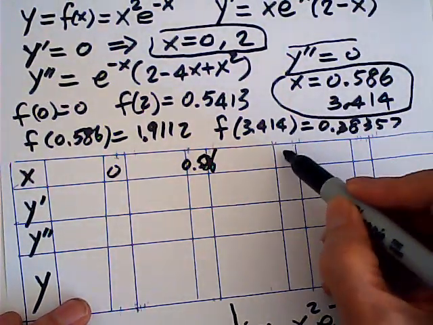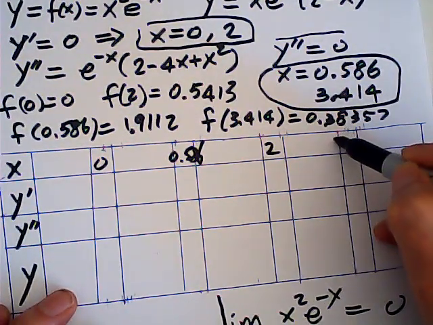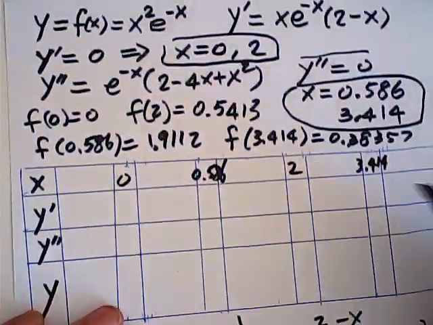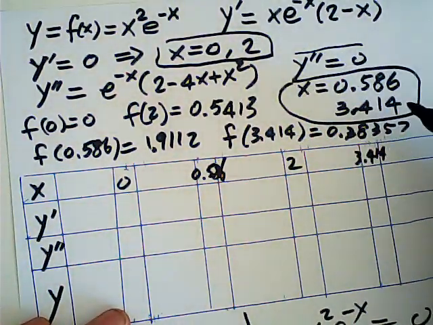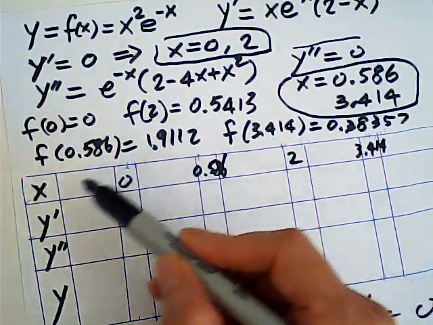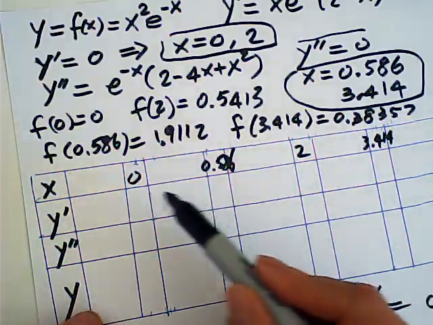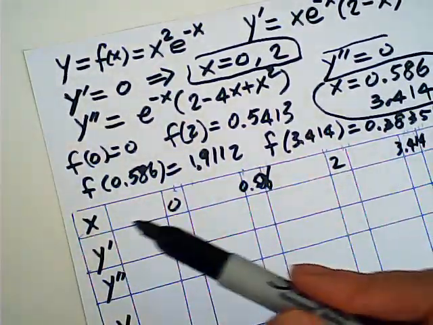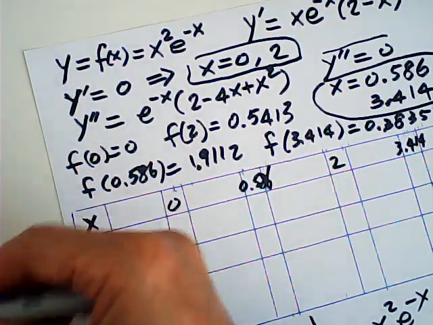Then 2, then 3.414. We have 4 critical points, and we divide the whole interval into sub-intervals by these 4 points.